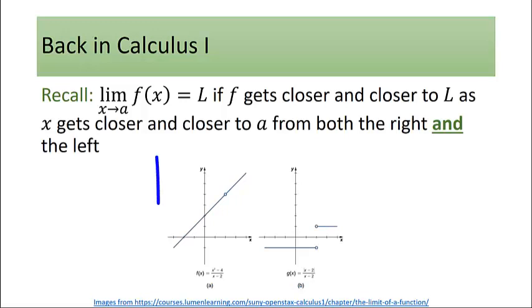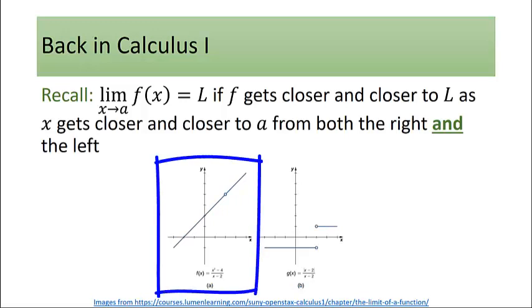In option A, we have the function (x squared minus 4) over (x minus 2). Notice that as x approaches the value 2 from both the right and the left, our function is approaching the y value 4. And so we would say that the limit as x approaches 2 of (x squared minus 4) over (x minus 2) equals 4, because we got the same y value as x approached a from both the right and the left.